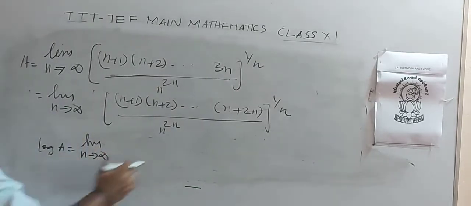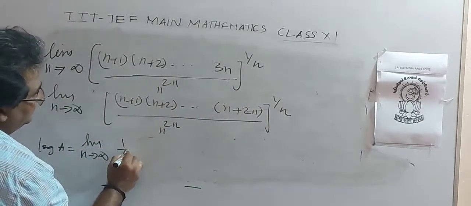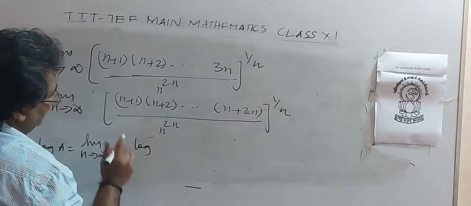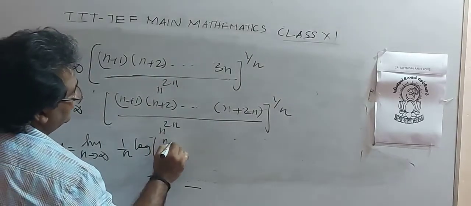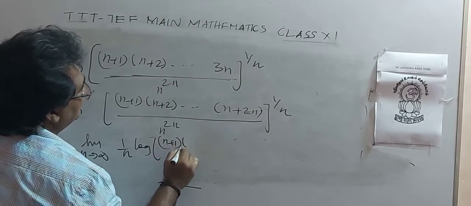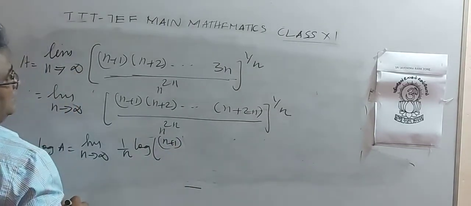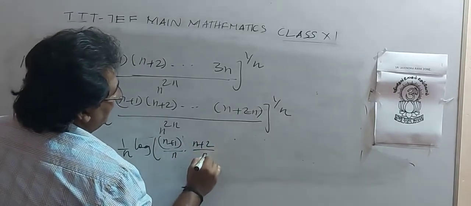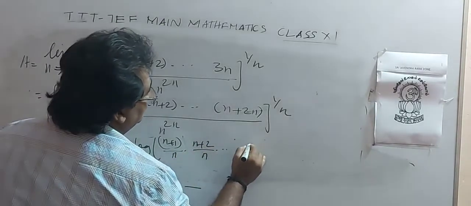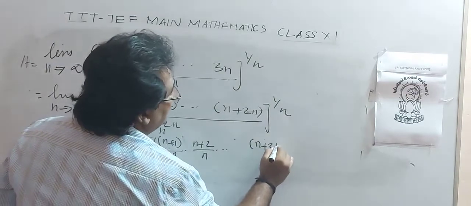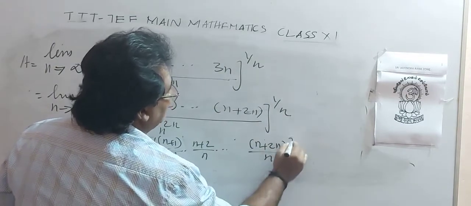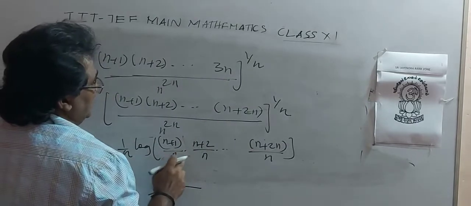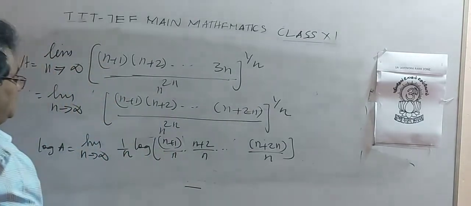If we apply log, 1 by n will come from this place. Log of n plus 1 by n, n plus 2 by n, up to n plus 2n by n. So there are 2n terms, therefore n power 2n.